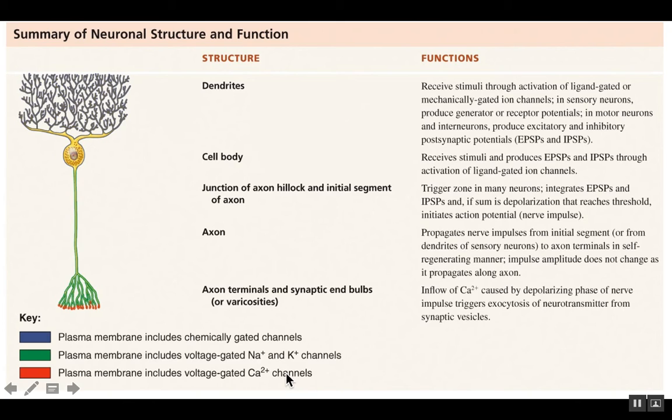And when that calcium influx occurs, we get exocytosis of the neurotransmitter from synaptic vesicles. So this is a really good summary of a lot of the important events that we've discussed.